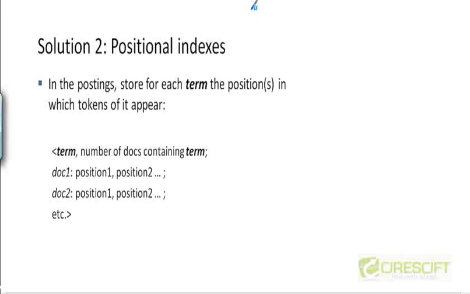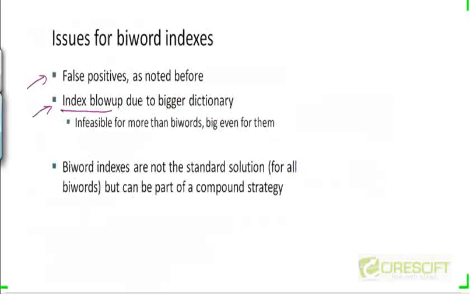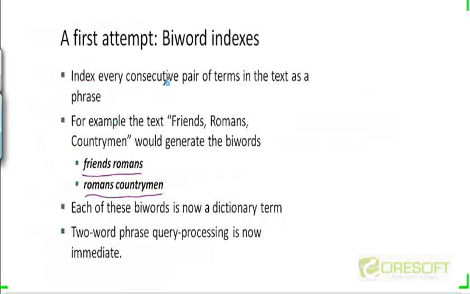And towards the end, we started looking at how we can augment the inverted index we built in chapter 1 to handle phrase queries and proximity queries. And we looked at one solution, which was to use a byword index, where instead of indexing every individual token, we index every pair of consecutive tokens.